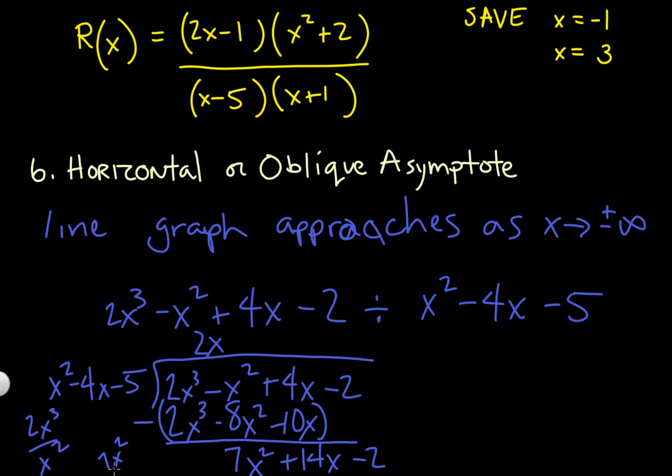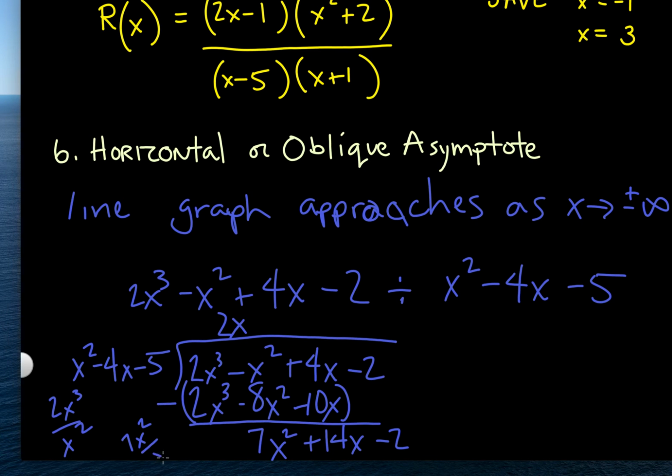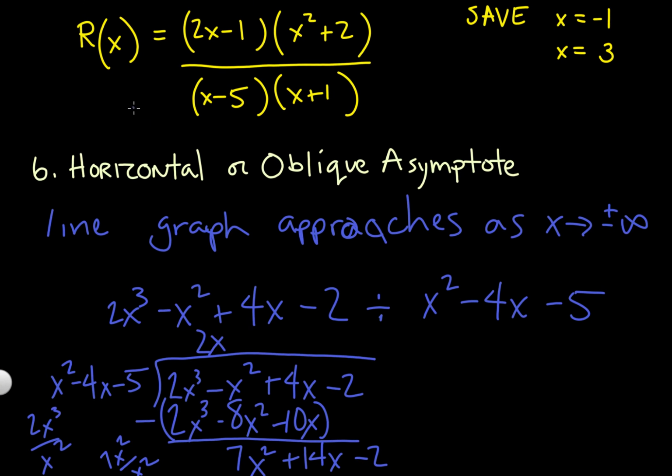So 7x squared divided by x squared gives me 7. So we get 2x plus 7. Multiplying it through, I'm going to do it horizontally here. We get 7x squared minus 28x minus 35.